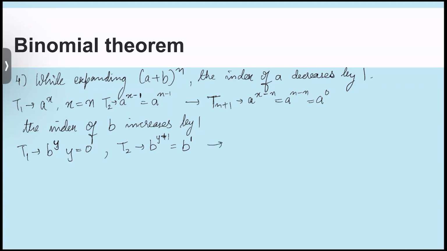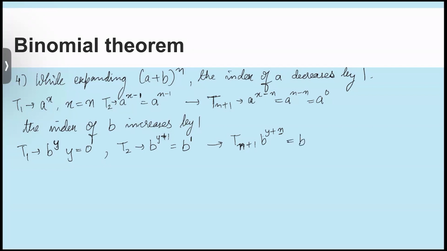Similarly, in the last term, t n plus 1, you will have B raised to y plus n, because by the n plus 1 term you are going to reach, by increasing by 1 every term, the point where you will get n as the index itself.